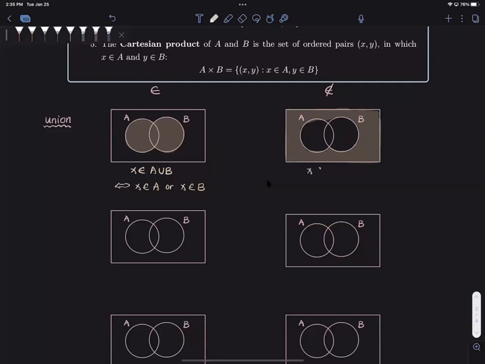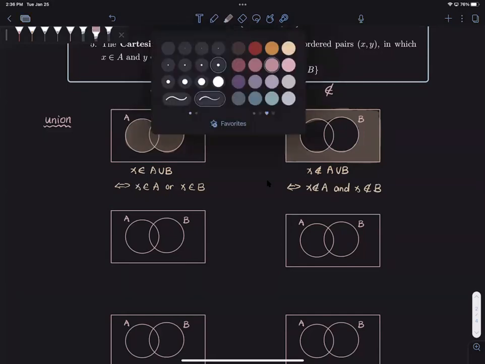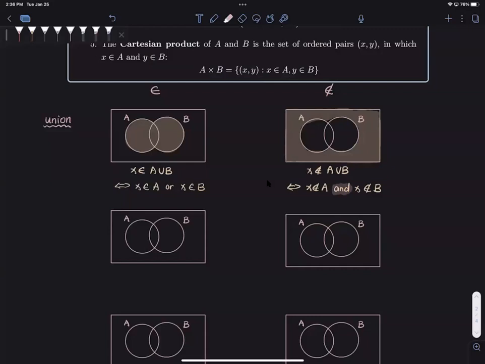So X is not in A union B. What does this mean? It means you cannot be in A and you cannot be in B. If you are in any of them, then you are in A union B. So this is equivalent to X is not in A and X is not in B. The keyword here is and. Here it is or.